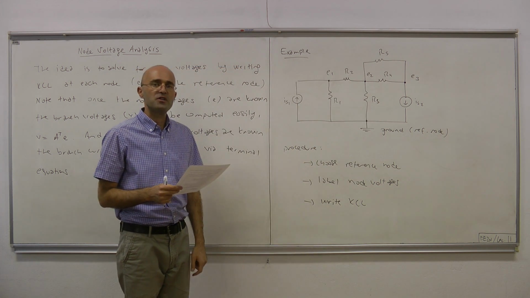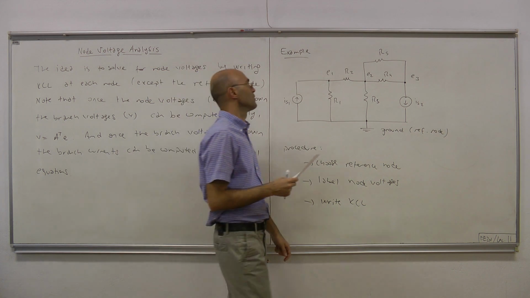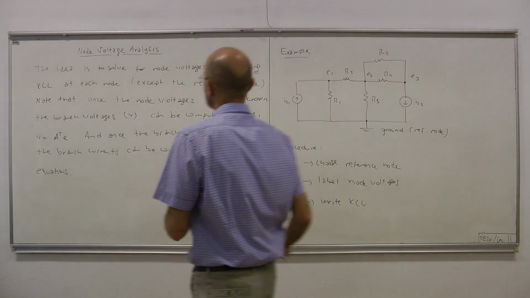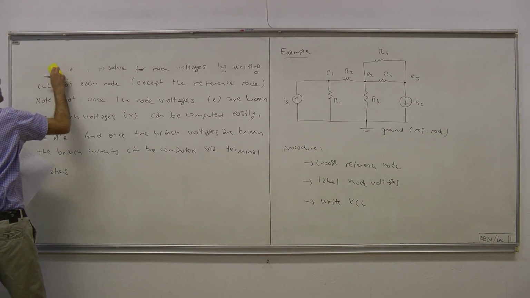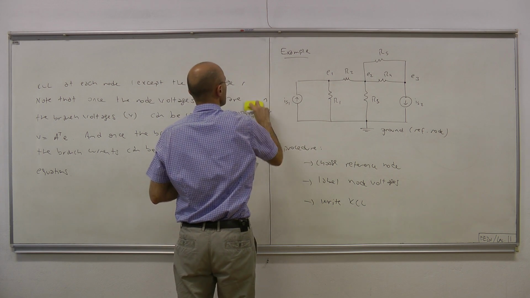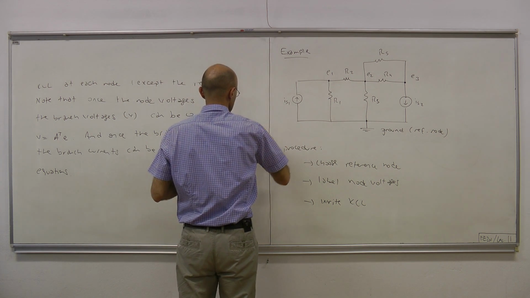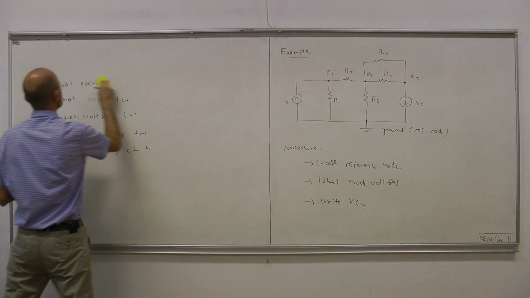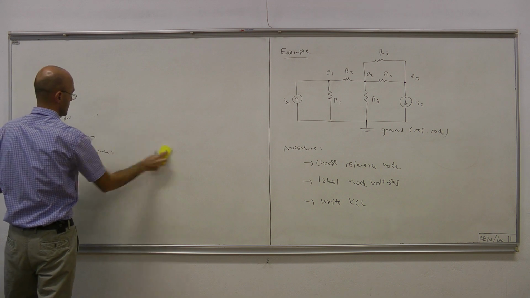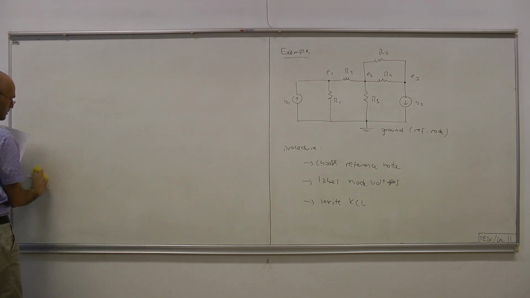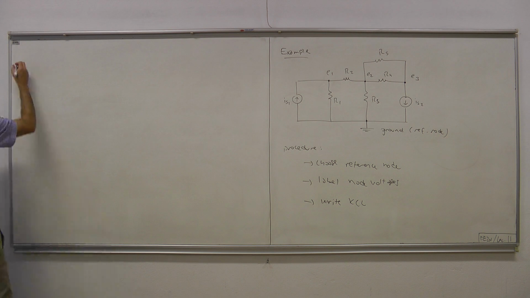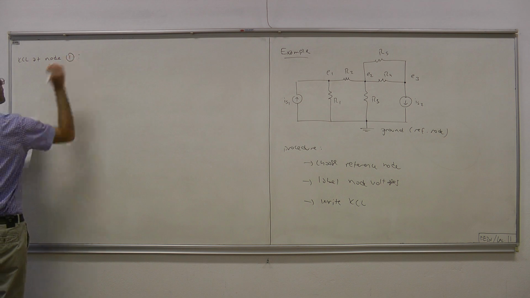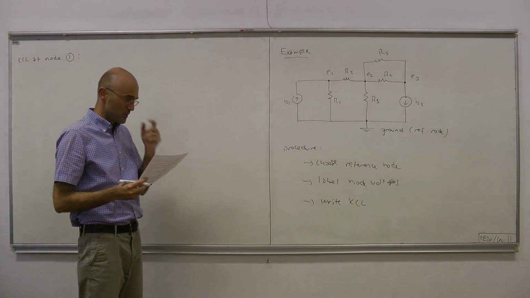Once labeling is over, we start writing KCL at each node. KCL at the first node, node 1.